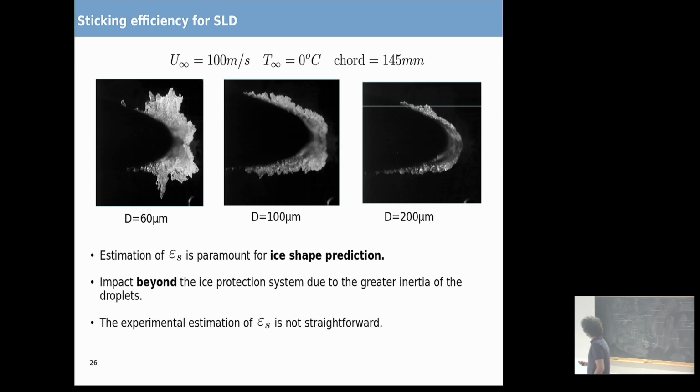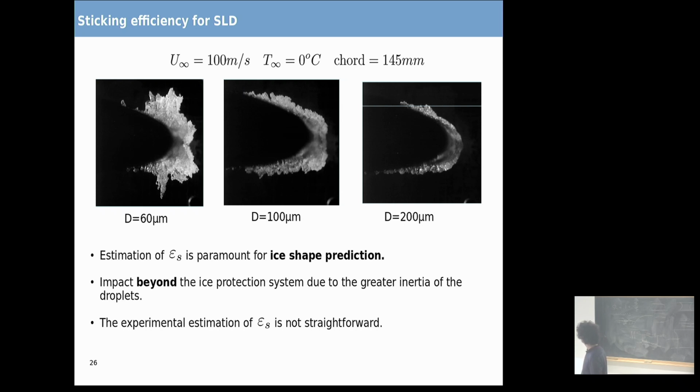Now we focus on the sticking efficiency, especially for SLD. What is observed, for instance, is the ice shape for a given velocity, same profile, same temperature, just increasing the diameter of the impinging particle. We see that there is a large influence on sticking efficiency. Here, for small droplets, we are quite glazed. As Claire said, we have a glazed ice shape with a full deposit.